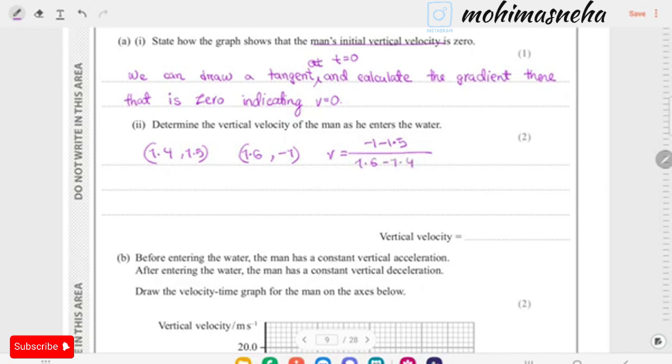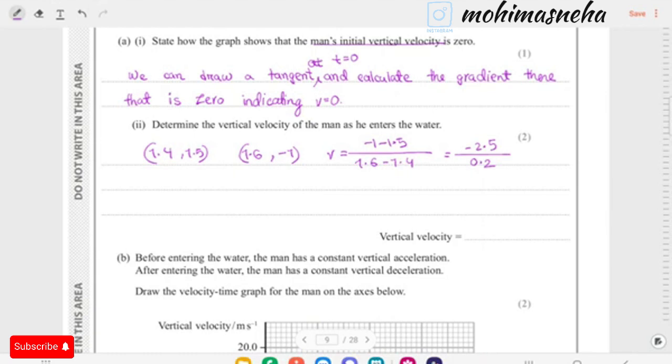So you get minus 2.5 over 0.2, and if you calculate it, you find the velocity, which is approximately negative 12.5.